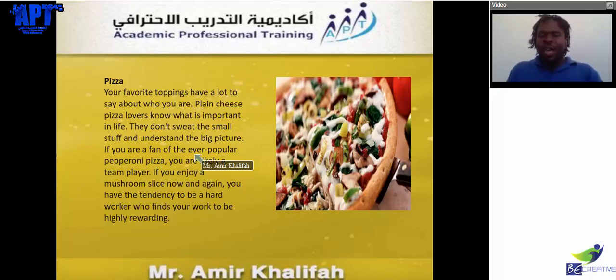If you're a fan of the ever popular pepperoni pizza, you are likely a team player. So they say people who like pepperoni, they have a team player personality. They love to work with other people as a team. If you enjoy a mushroom slice now and again, you have the tendency to be a hard worker, who finds your work to be highly rewarding.